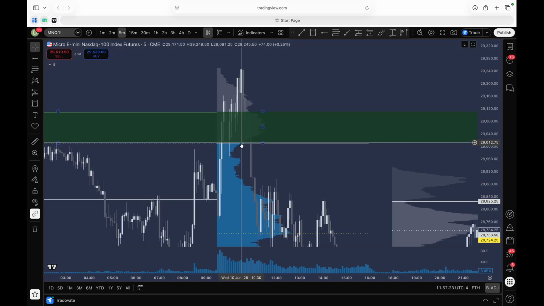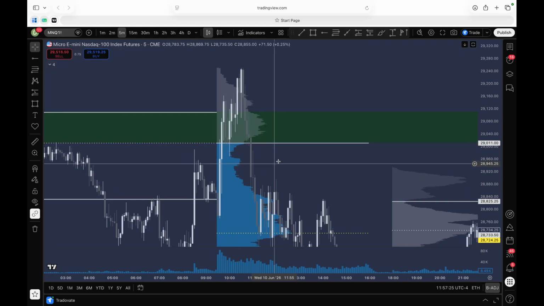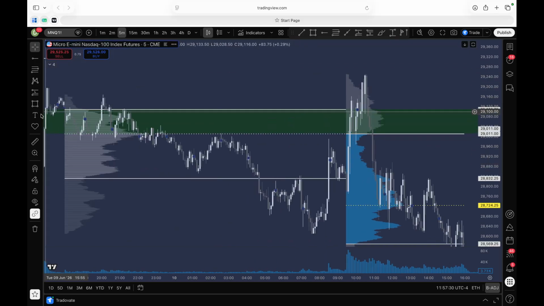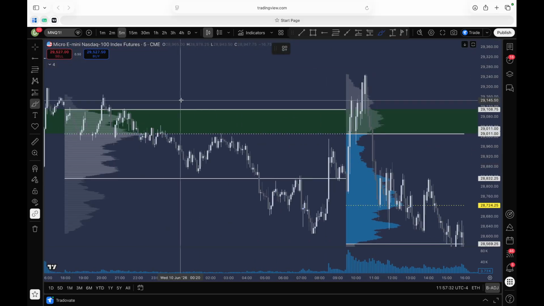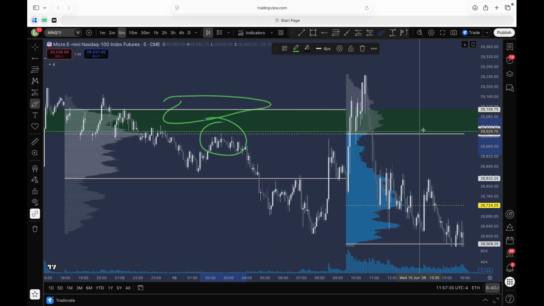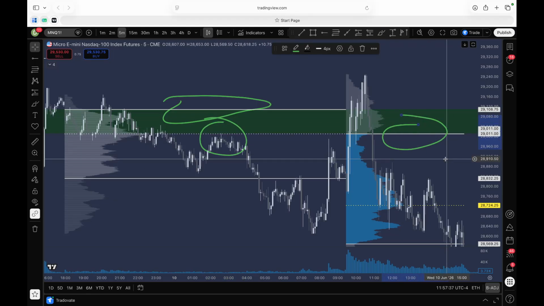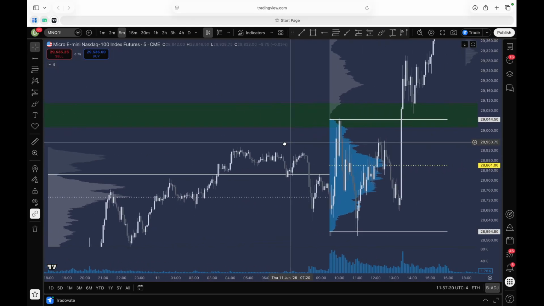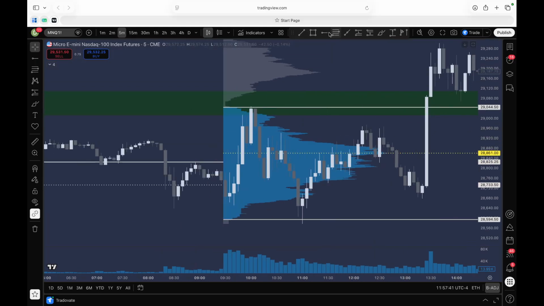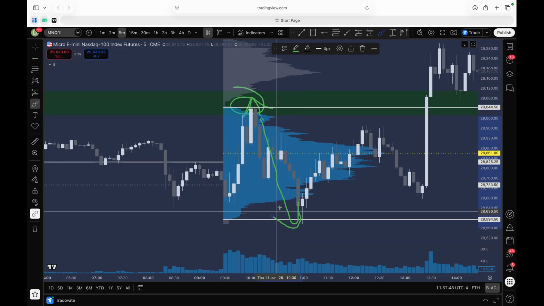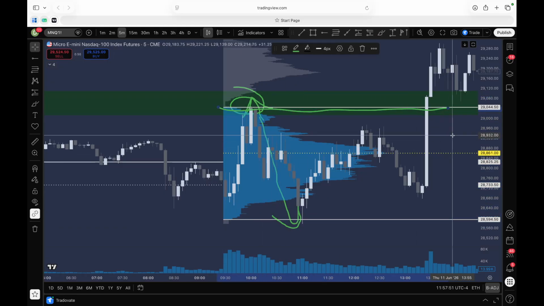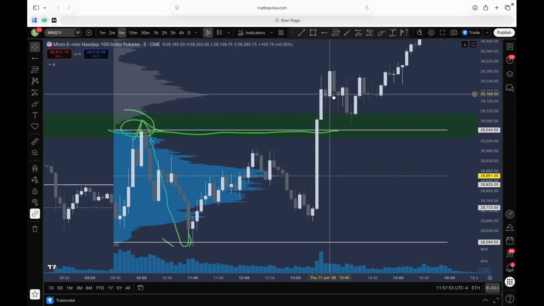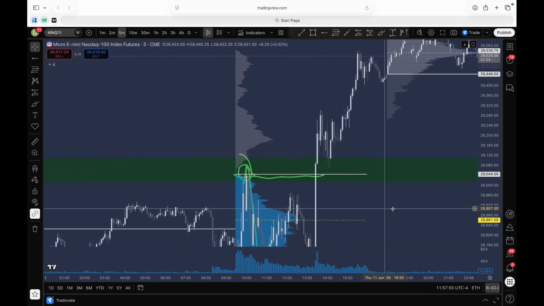That also was the next day's value area high. Okay. So you have an overnight value with the overnight point of control and the next day's value area high. Okay. So when price comes up here and it taps into that level, there's a good chance they're going to get a strong reaction to that. And it did. And it even created the next value area. And you can see that that zone remained in play.